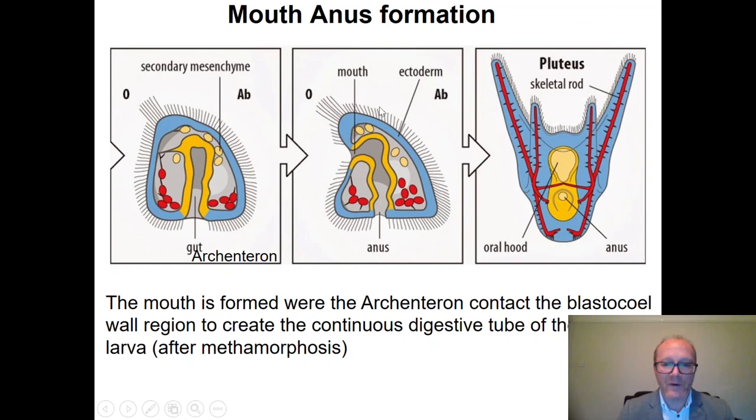So at this point, the embryo will go through a process of metamorphosis, and the embryo forms this Pluteus larva. Okay, this is like a triangle or star shape, Pluteus larva.